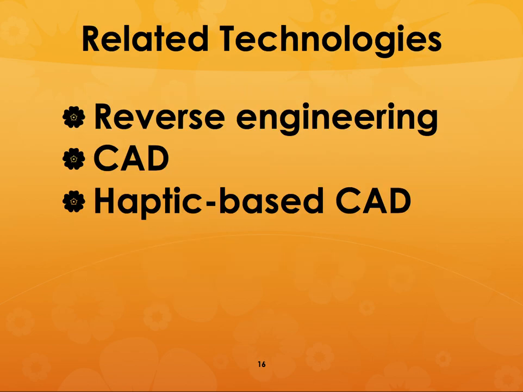So these are some of the things to understand, and there are some related technologies that I want you to understand. First one is reverse engineering. Where does reverse engineering come into place?